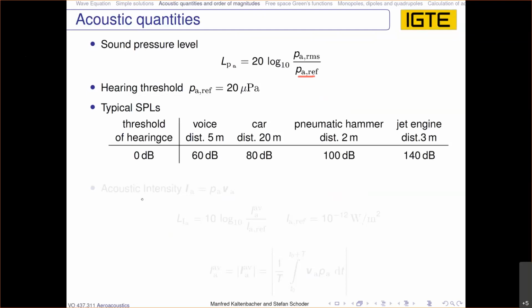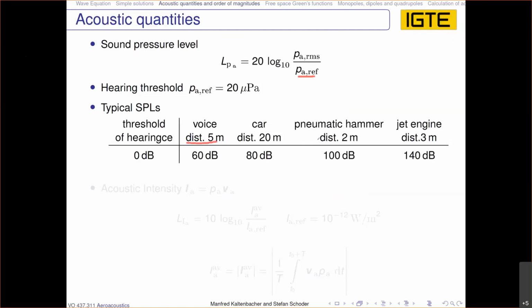So we have the distance law, and therefore in such a table you should also give the distance. And you see, this is quite small: exactly 1 Pascal would be 94 dB.